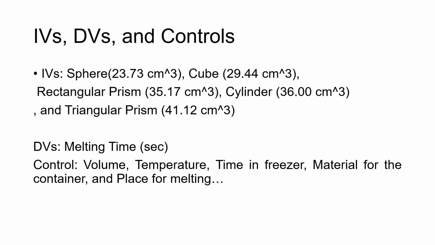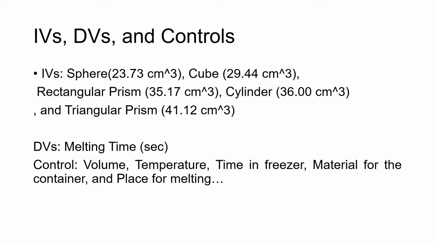The independent variables are sphere, cube, rectangular prism, cylinder, and triangular prism. Since the surface area is really the factor that we are measuring, I measured the surface area of each shape, and the dependent variable is the melting time in seconds.